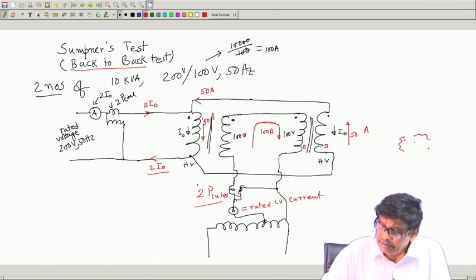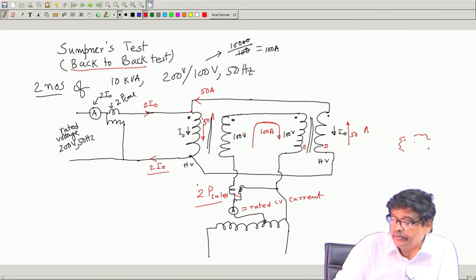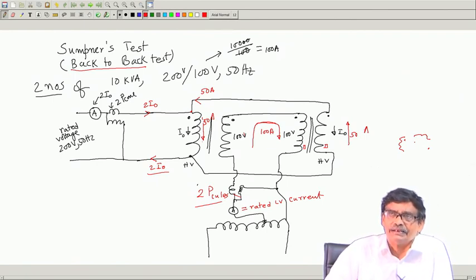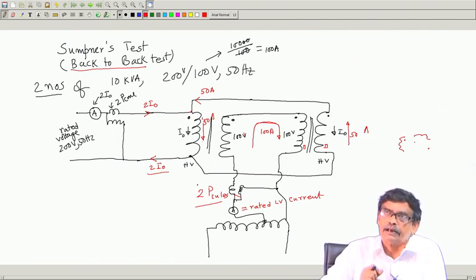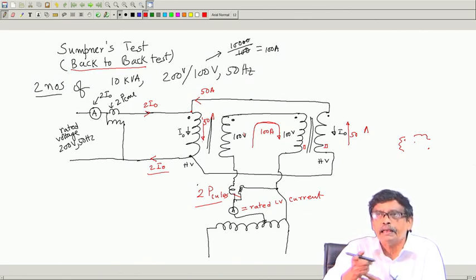Anyway, I stop here today, but this circuit, how it works, please think physically what is happening, then it will definitely enhance your understanding of the transformer. Always remember, a 2 winding transformer, if secondary carries rated current, primary will also carry rated current.